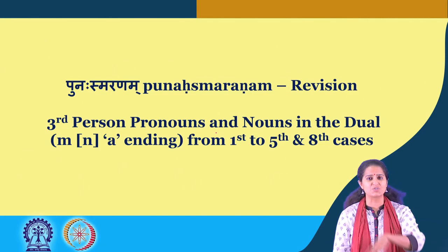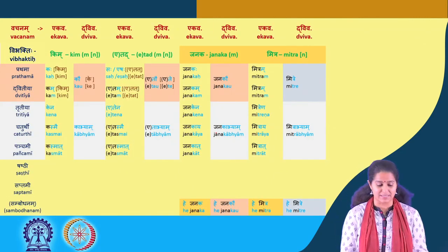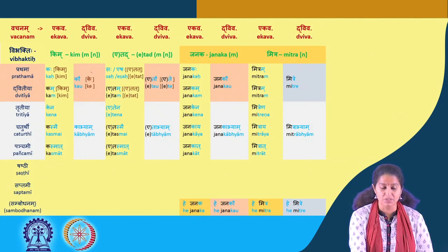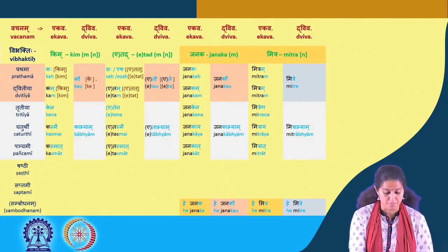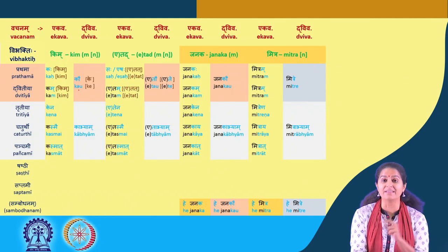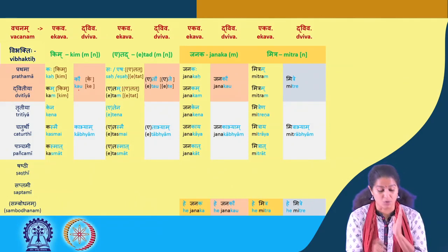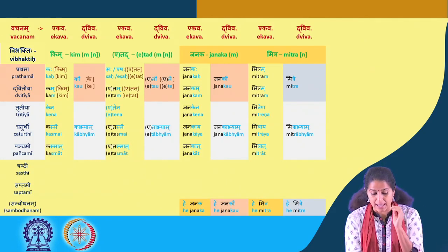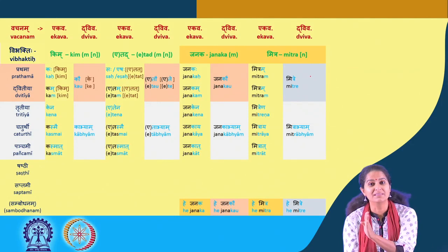So having said this, let's do a quick recap of what we have looked at thus far, and we see that for the dual you have the masculine and the masculine words have janakau, and the neuter is, so kau for the masculine, but for the neuter it is ke, etau, ete or taute, and janakau but mitre.